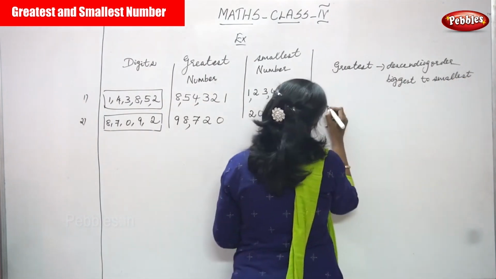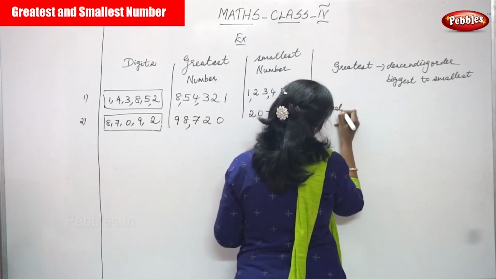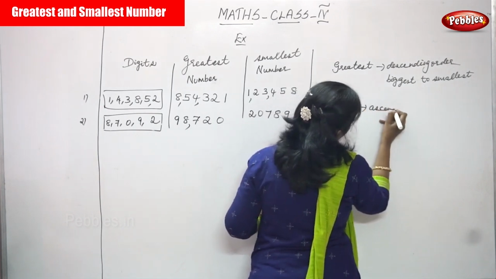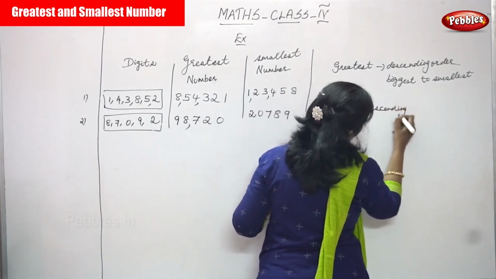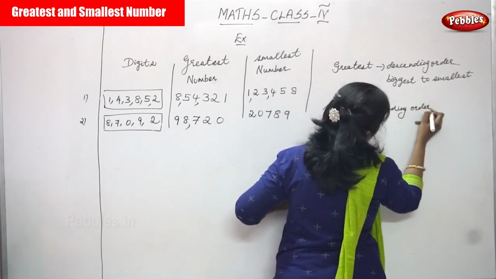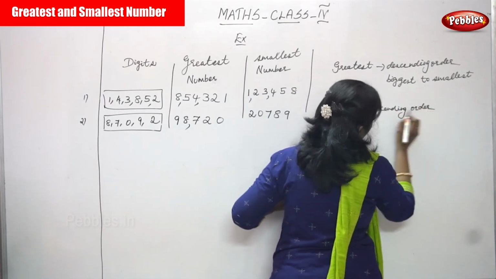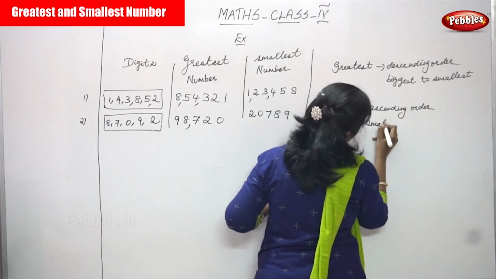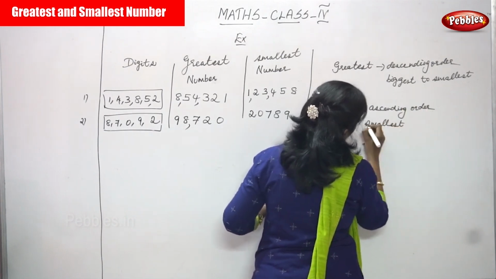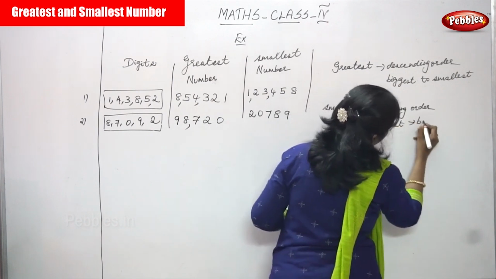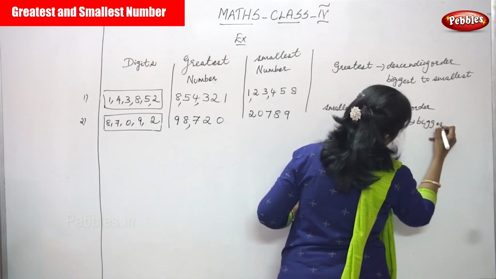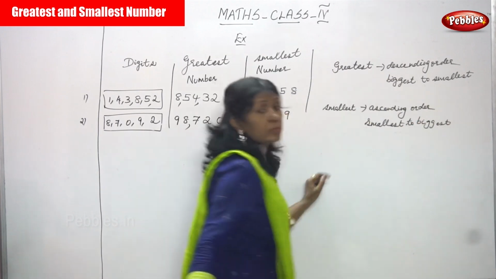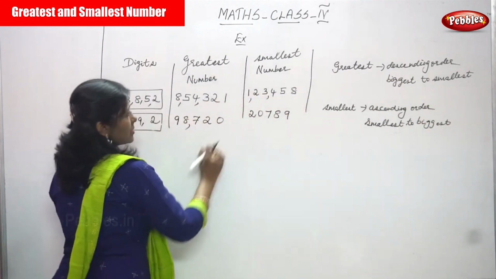Here for smallest, we use ascending order. Ascending order means smallest to biggest. So both answers are correct.